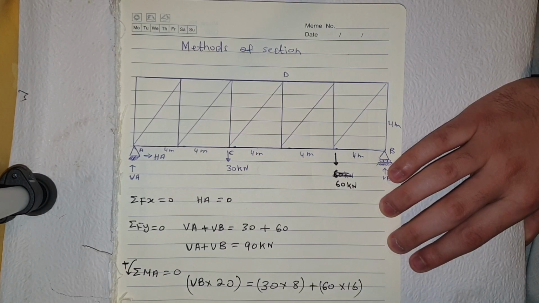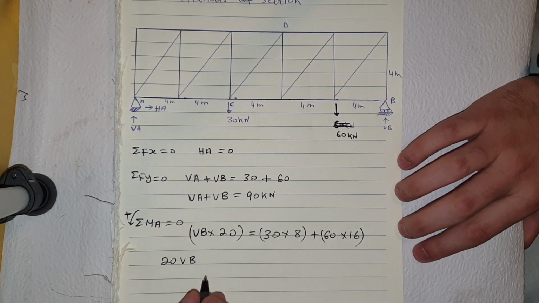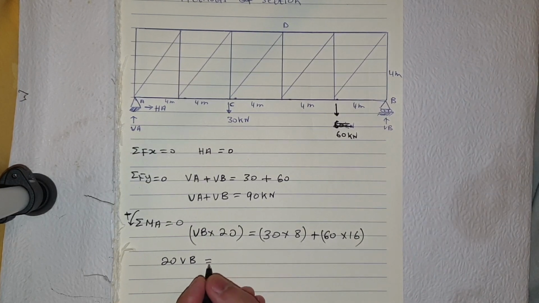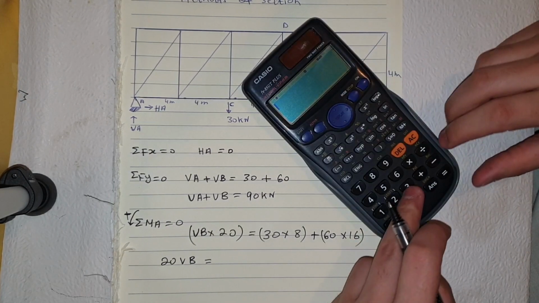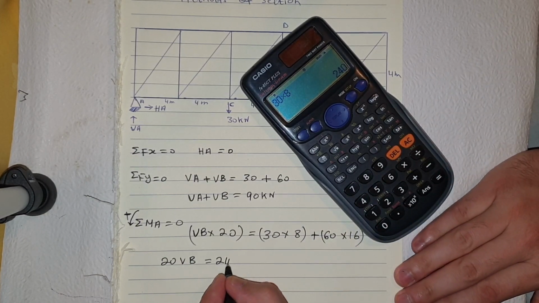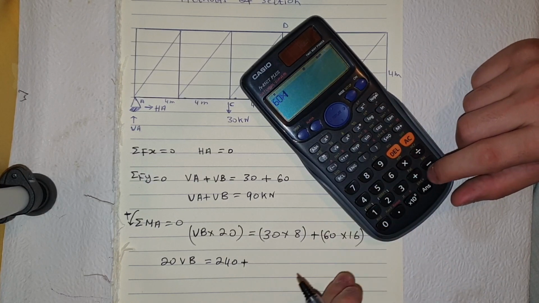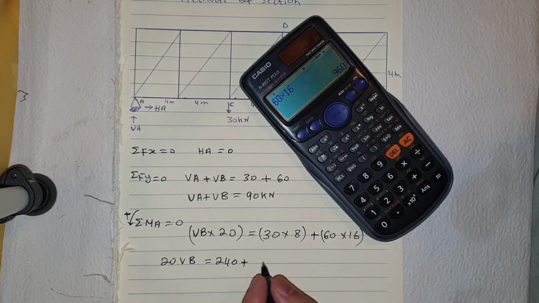So 20 VB is equal to 30 times 8, which is 240, plus 60 times 16. That will be equal to 960.